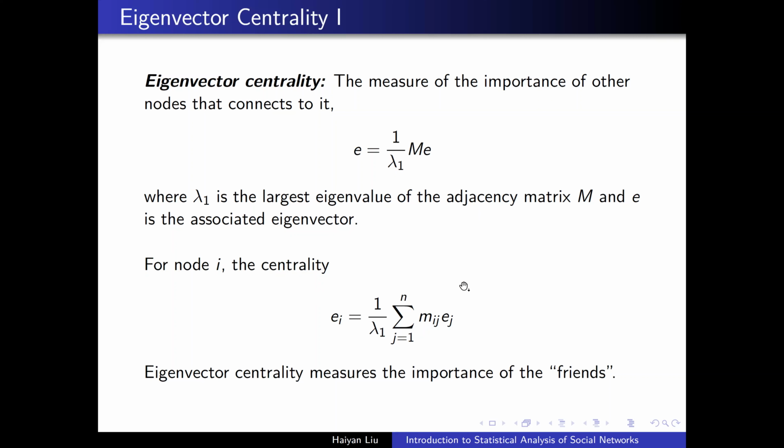If the friends' eigenvector values are larger, it means the friends are more important, and their summation will also be large. So eigenvector centrality quantifies how important your friendship circle is. If you make friends with some very important person, then you will also be important.